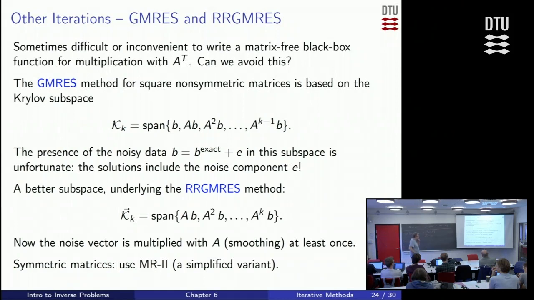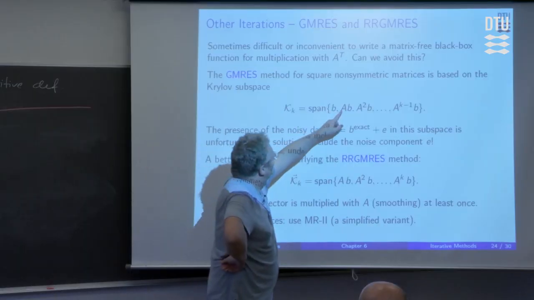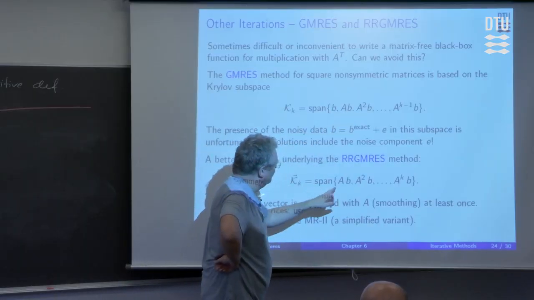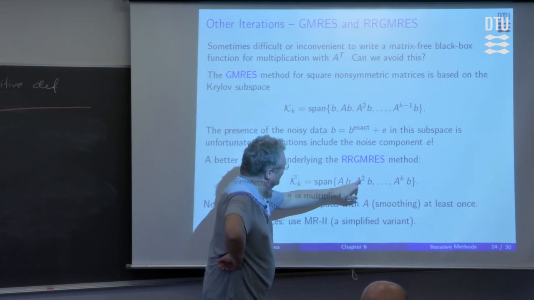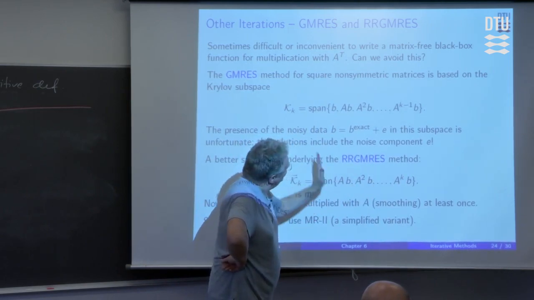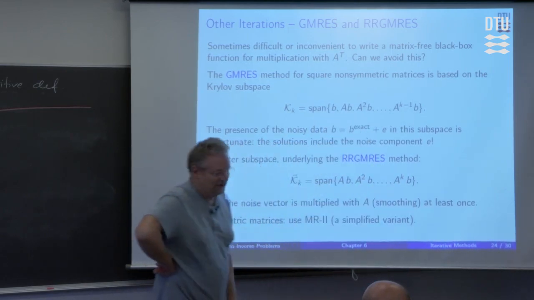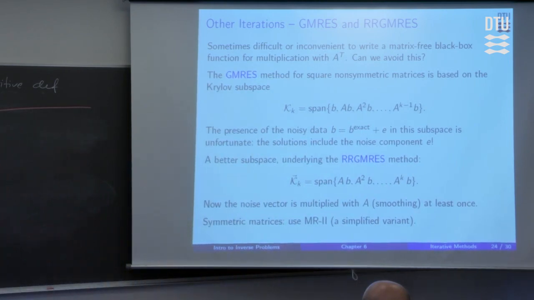So again, in some of these applications, you'd rather work with what I call a shifted Krylov subspace here, where instead of starting with B and then AB and A squared B, you start with A times B and then A squared B and so on. So it's just shifted. You shift the basis vectors there, and there's no B anymore. Right?